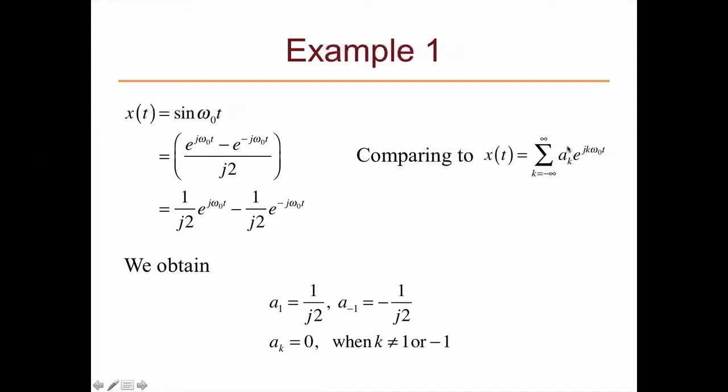This means that the value here would be a_1 and the value here would be a_minus 1. This indicates that a_1 equals 1 over j2 and a_minus 1 equals minus 1 over j2, and a_k for other coefficients would be 0 if they are not equal to 1 or minus 1, since there are only two terms.